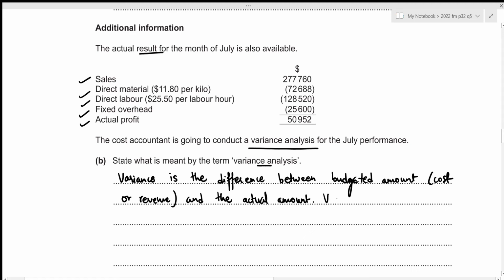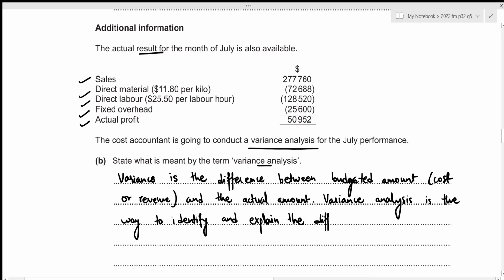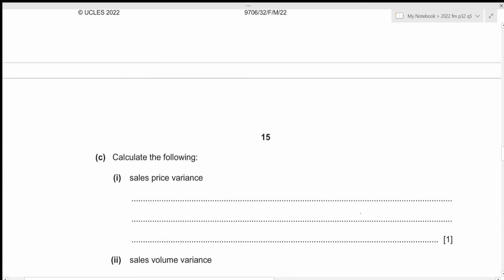And variance analysis is the way to identify and explain the difference. Okay, this concludes the second part. We can now move towards the third one.